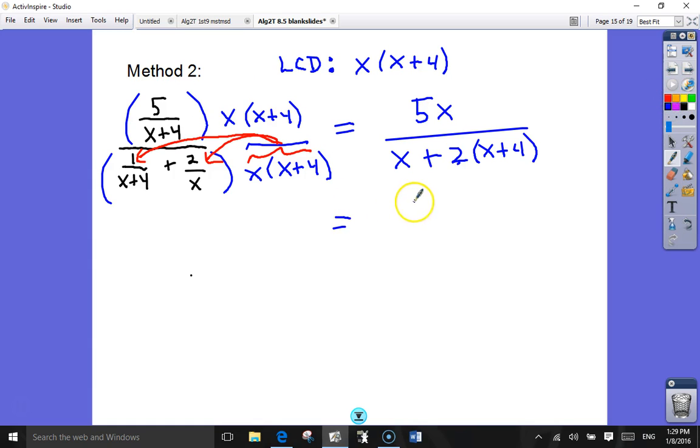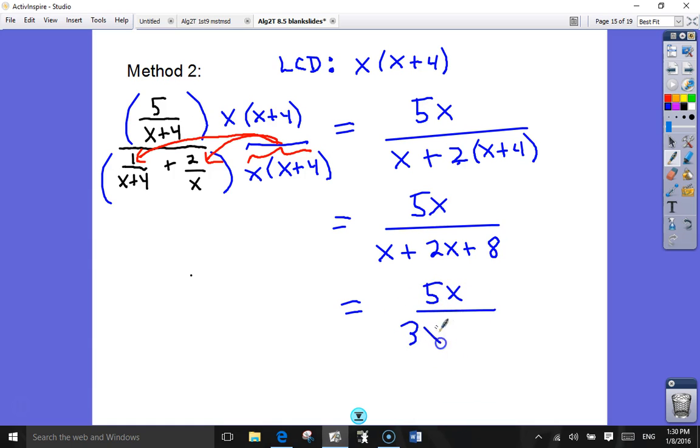And this is 5x divided by x plus 2x plus 8, which is 5x divided by 3x plus 8, which was the same answer we got on the last page.